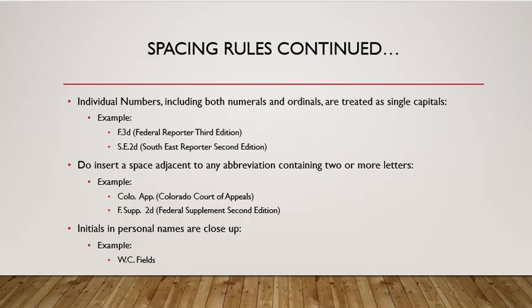Do insert a space adjacent to any abbreviation containing two or more letters. For example, Colorado Court of Appeals is cited Colo space App. And Federal Supplement 2nd edition, F space Supp space 2d.